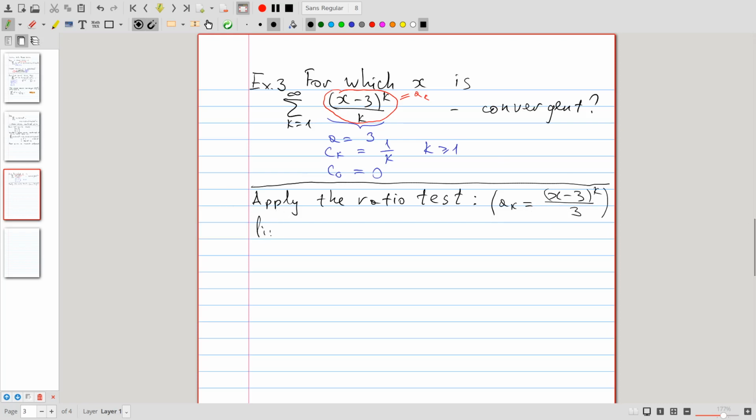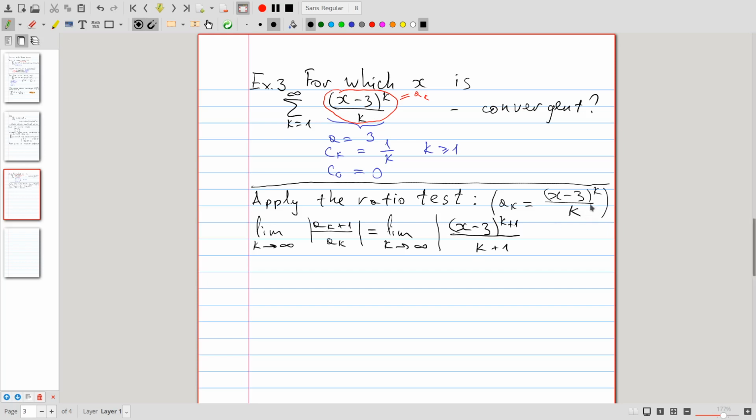So, in the ratio test, we look at the limit, k goes to infinity, ak plus 1 over ak under the absolute value, like so. For our specific ak's, this would be the limit, k goes to infinity, absolute value, then I have the term for ak plus 1, which is x minus 3 to the k plus 1 over k plus 1.